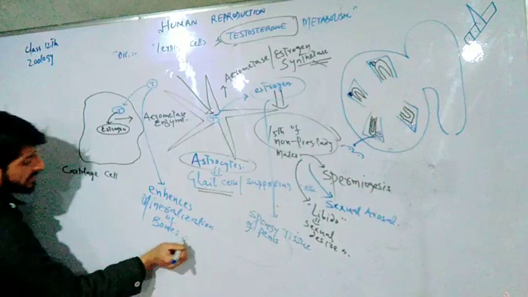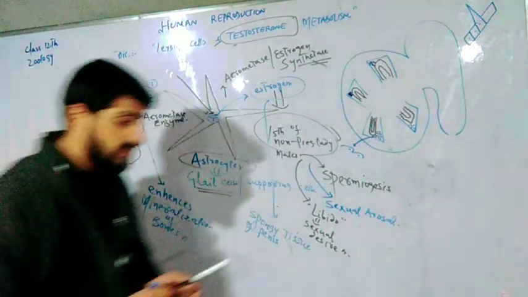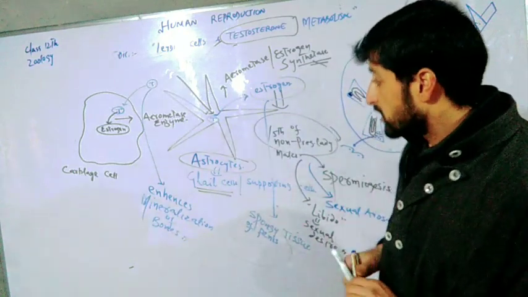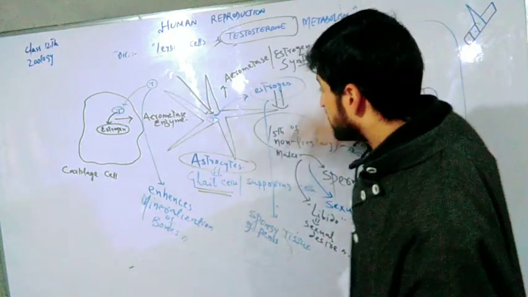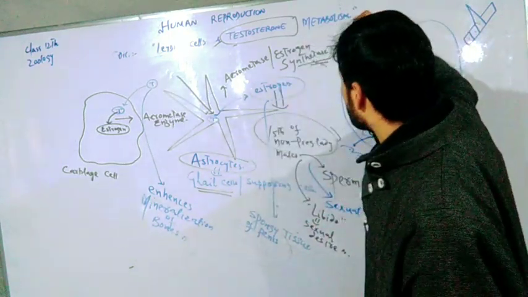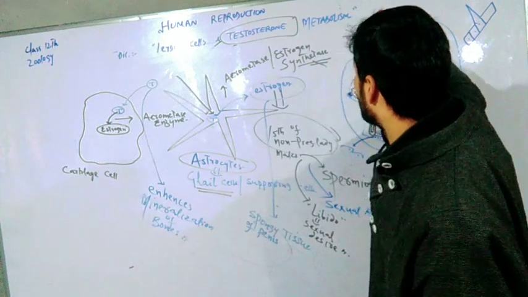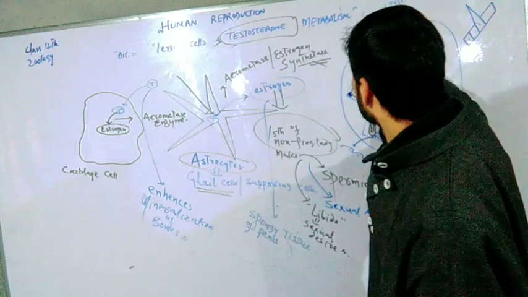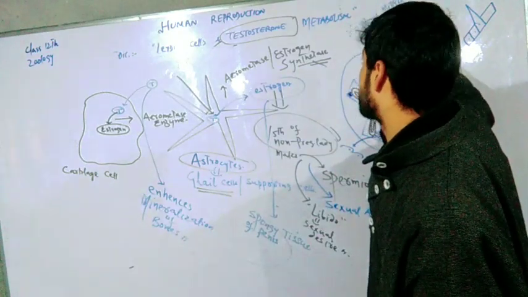If you had studied the skeletal system in class 11th, the teacher would have told you that in the bone there is a mixture. That mixture is known as bone matrix. That bone matrix is rich in calcium and phosphorus.